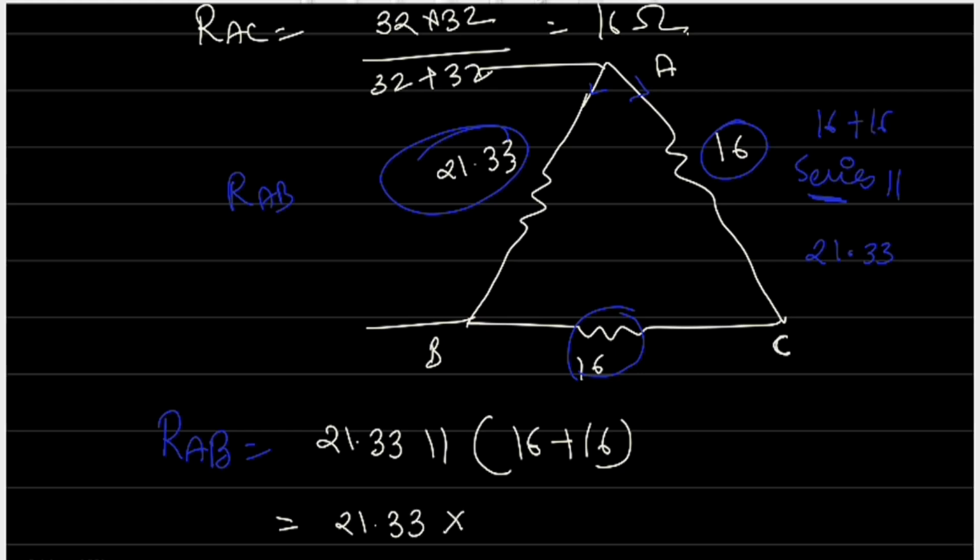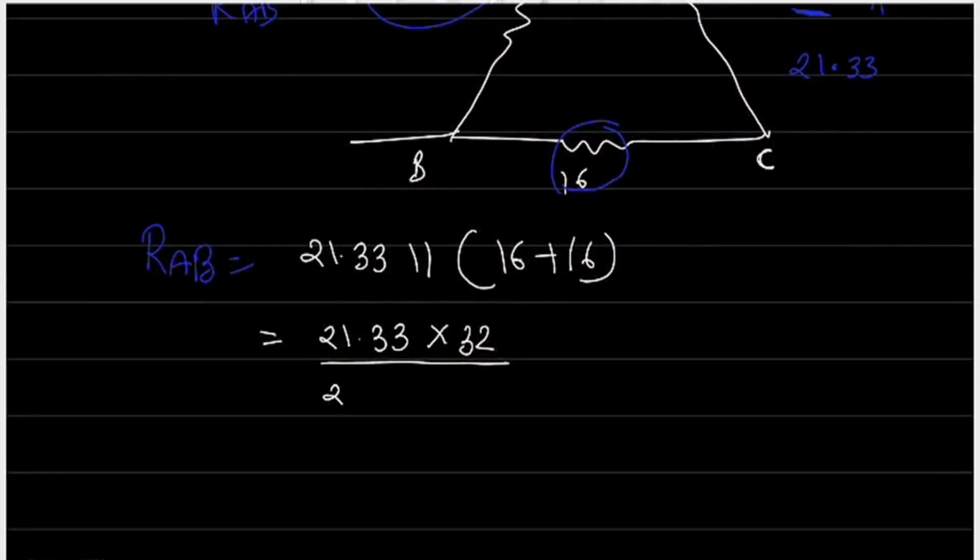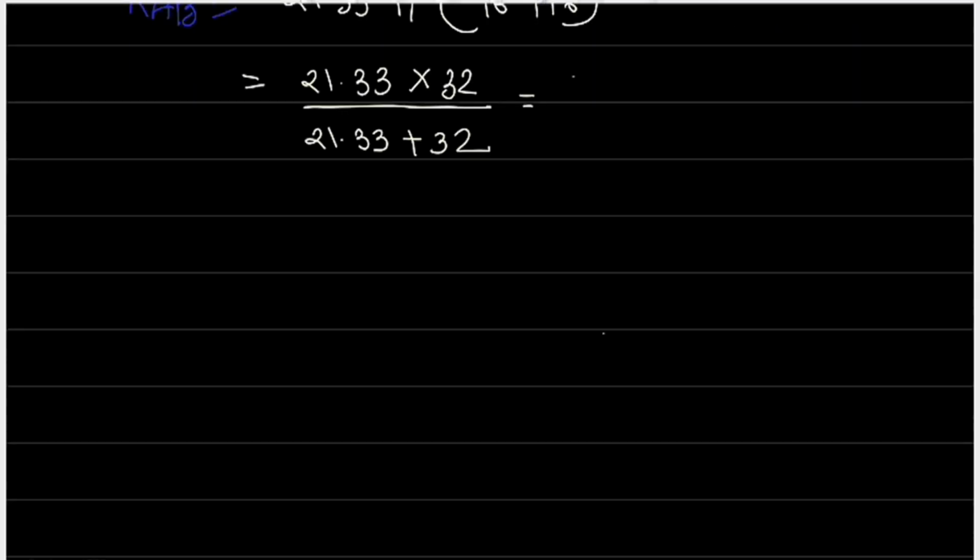So it will give me 21.33 into 32 divided by 21.33 plus 32. So 21.33 into 32 is 682.56 divided by 21.33 plus 32, which is 53.33.